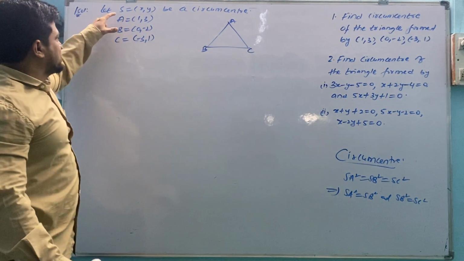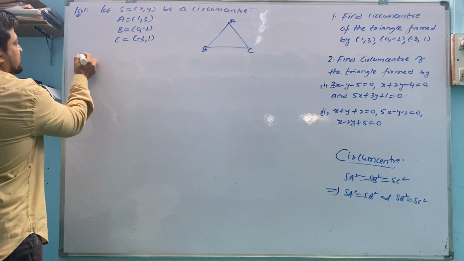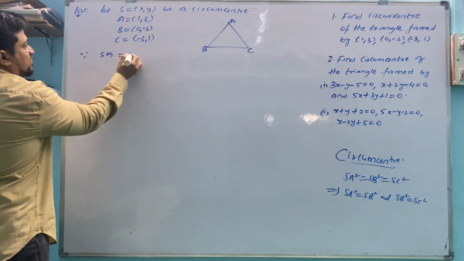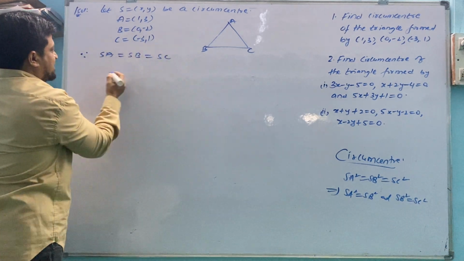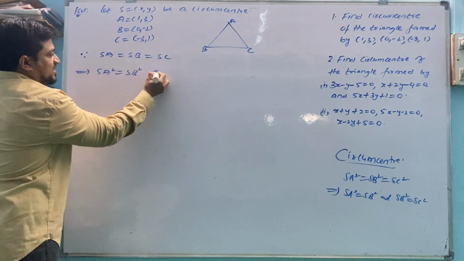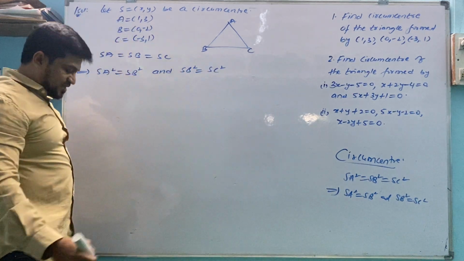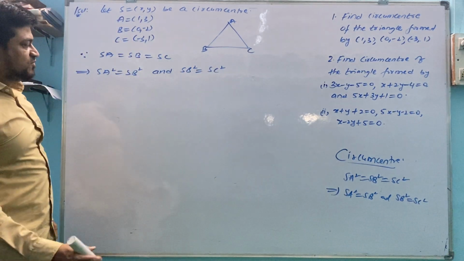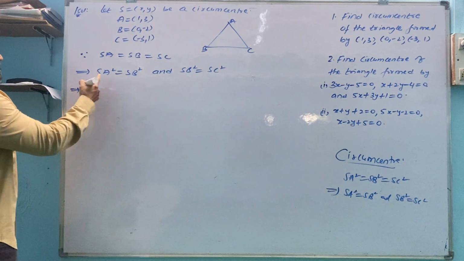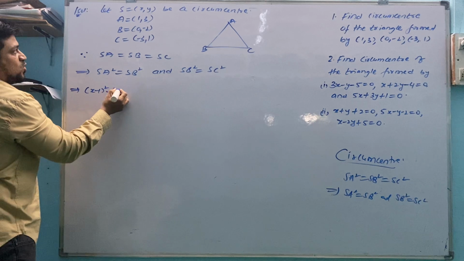So what you have to do, we consider S, A, B, C. Then we know that SA equals SB equals SC, which implies SA square equals SB square and SB square equals SC square. These are the formulas which we need to consider. SA square, S and A, as we have done in the locus chapter.